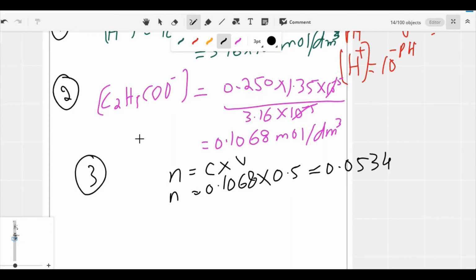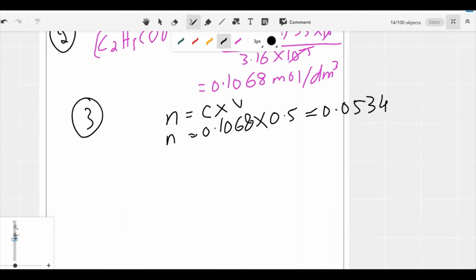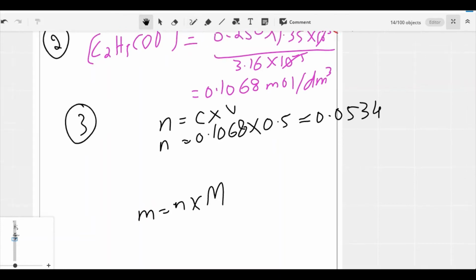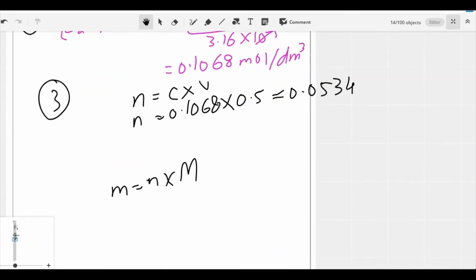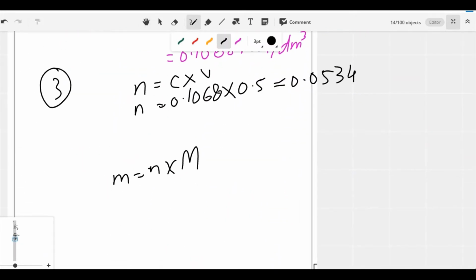Now the number of moles is given. You need to find the mass. As you know, mass is equal to moles times molar mass. So we need the molar mass of sodium propanoate, that will equal 96.